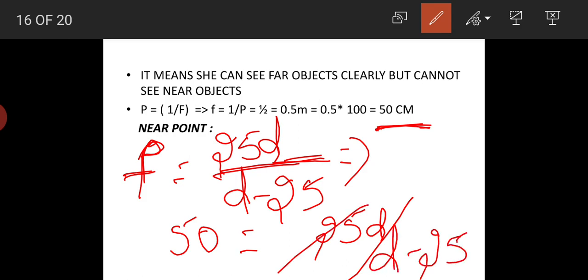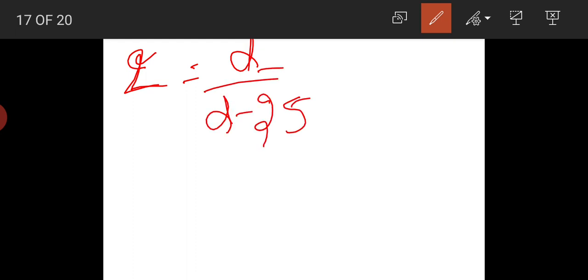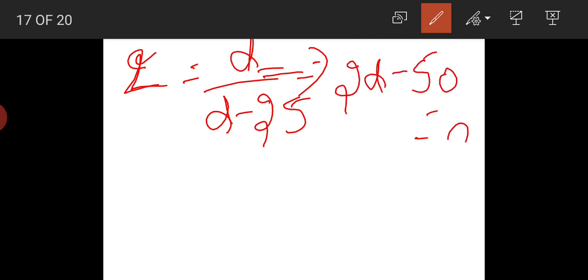Here 25 ones are 25, 25 twos are 50, so 2 is equal to d by d minus 25. If you cross multiply, 2d minus 2 into 25, that is 50, is equal to d.